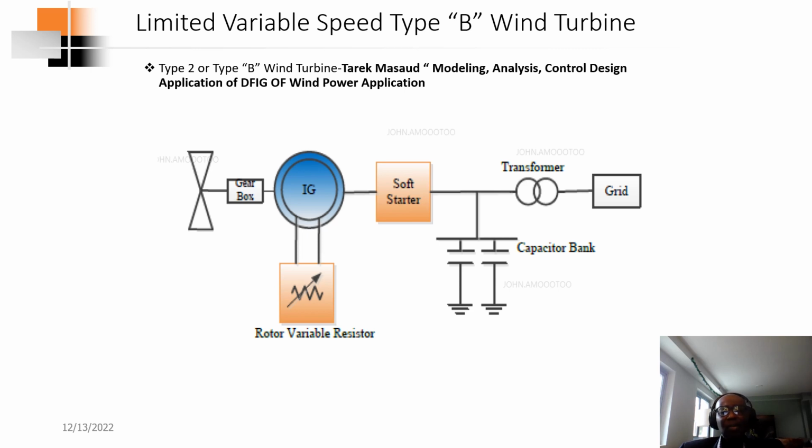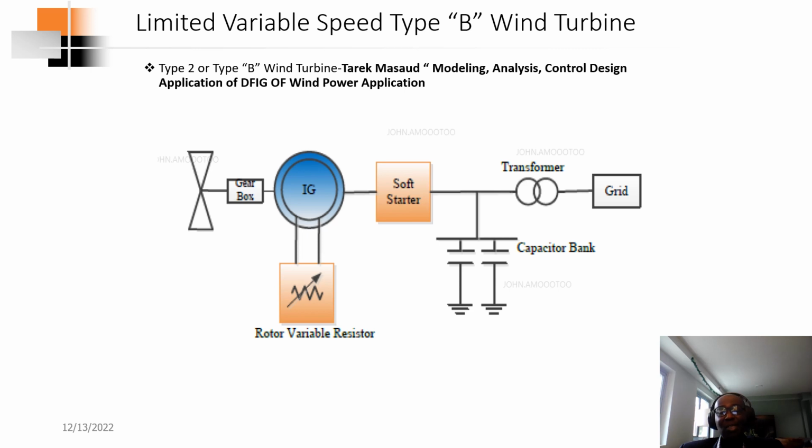Now let's talk about the type B wind turbine. This one allows you some flexibility and latitude of variable speed up to about plus or minus 10%. This is one rotor that has an embedded variable resistance, and the variable resistance is what allows you to vary the speed of this wind turbine.